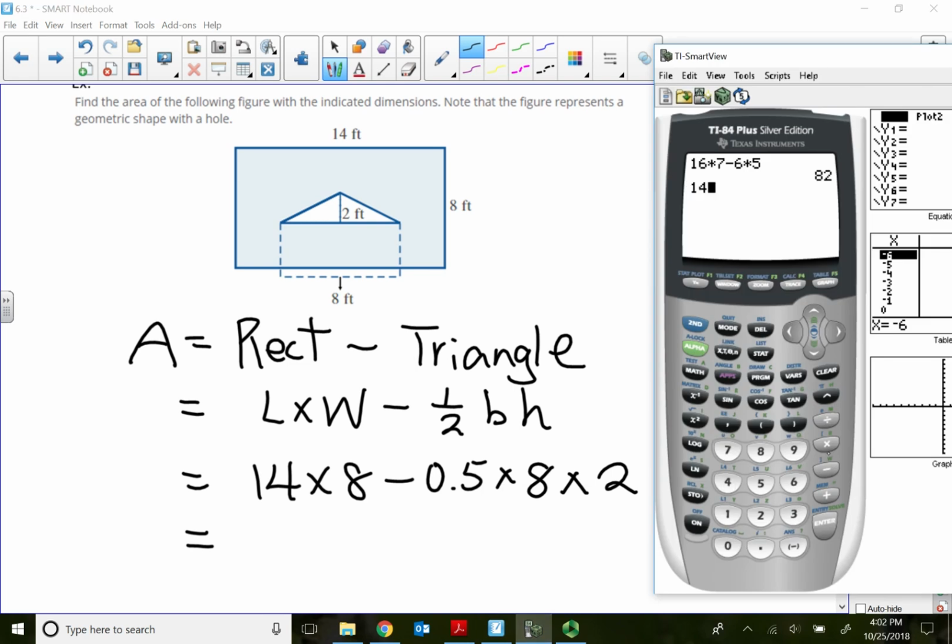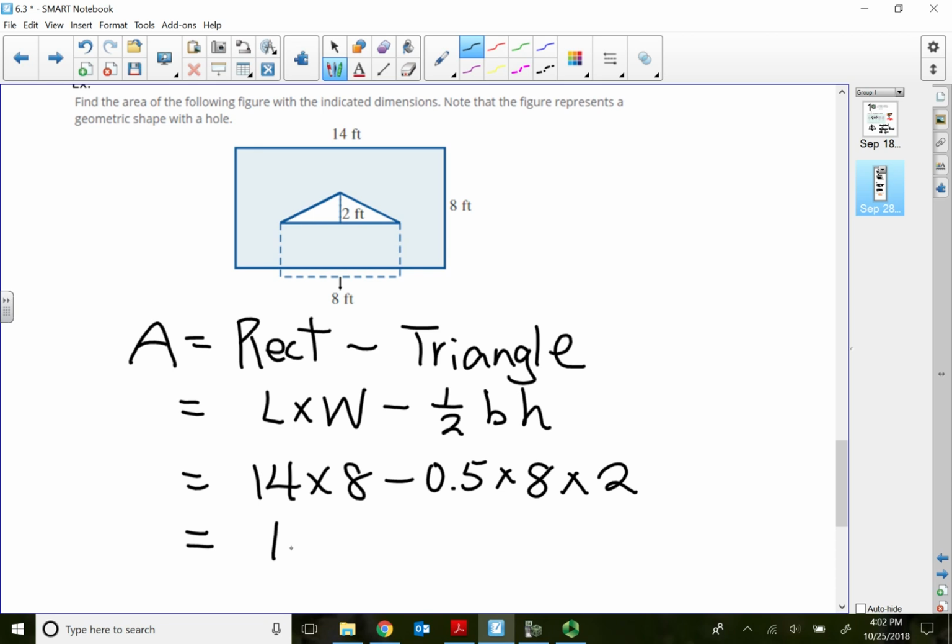Once I write it out, I punch it in, so I don't have to keep looking at the formulas and my calculator. It's easier to write it out and then punch it in at one time. Minus 0.5 times 8 times 2. So that would be 104 square feet.